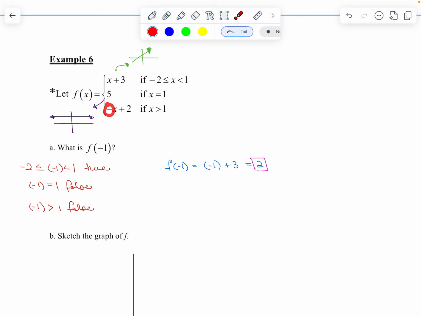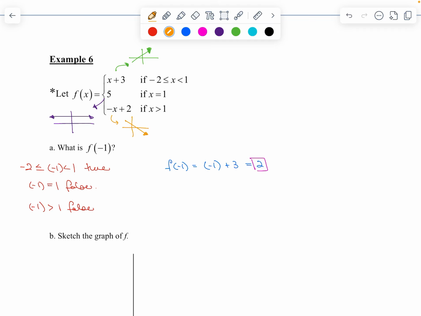Since its slope is negative 1, it gives me a negative slope, so it's going to be going downward from left to right. So that's what I can expect from each part individually, just to give me an idea of the shape.